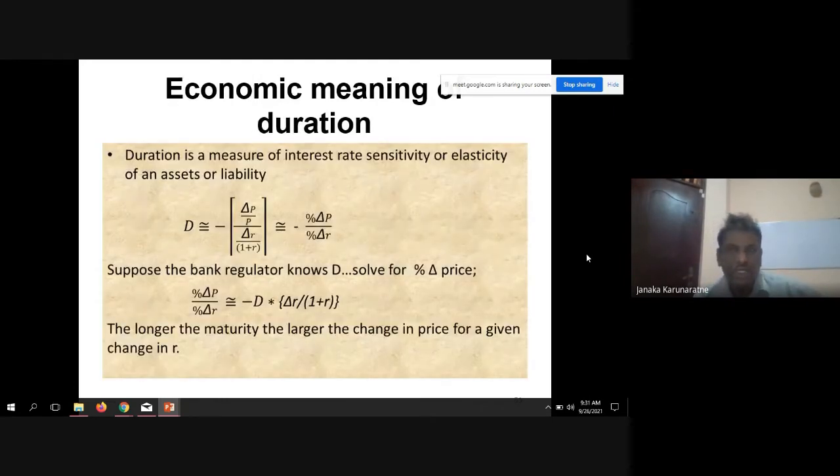Now, if you put it in very simple terms for an individual asset or liability, duration is an approximation.